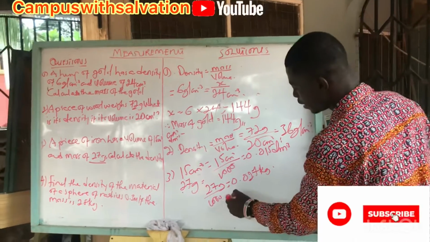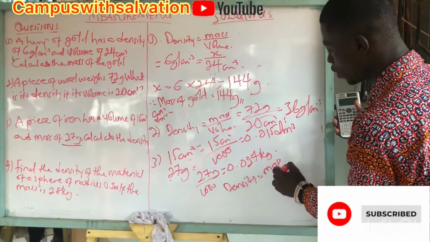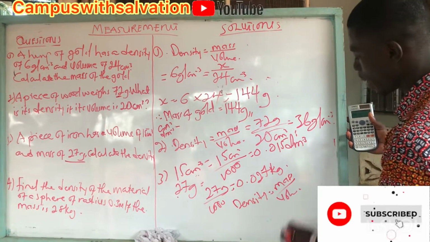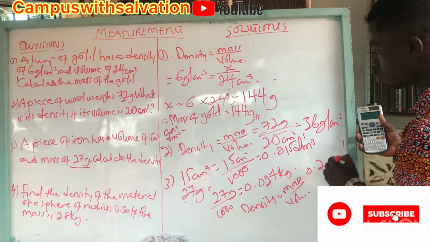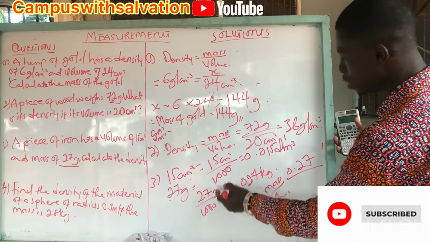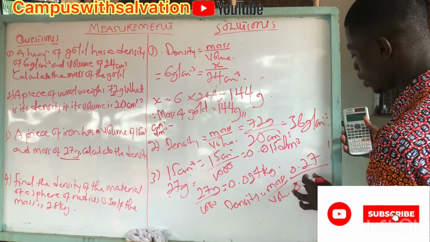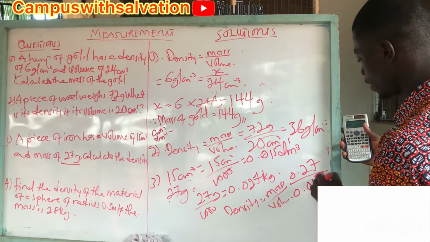So the density is equal to mass over volume, and the mass is 0.027 divided by the volume, which is 0.015.